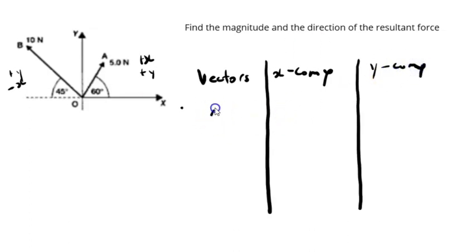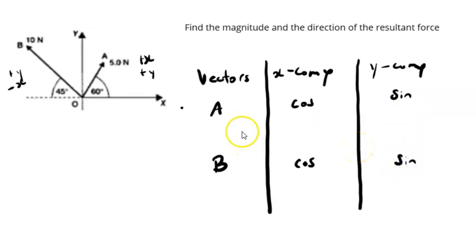I have a vector A and a vector B. As we said earlier, our angle is to the horizontal, so we can just put down cos for the x component and sine for the y component.